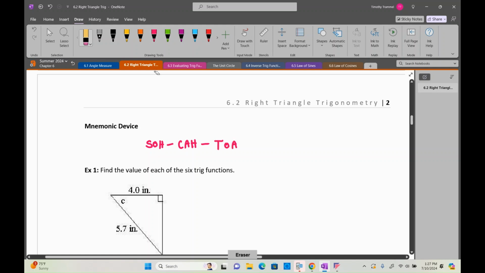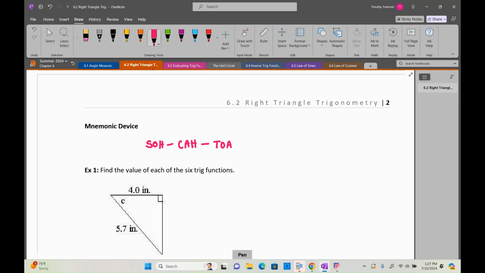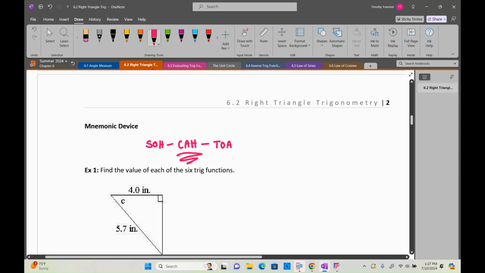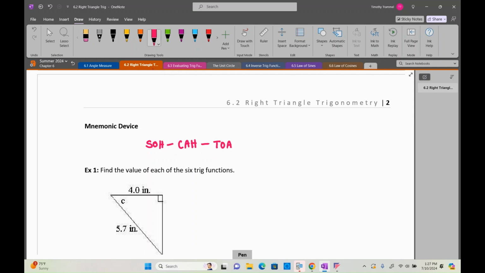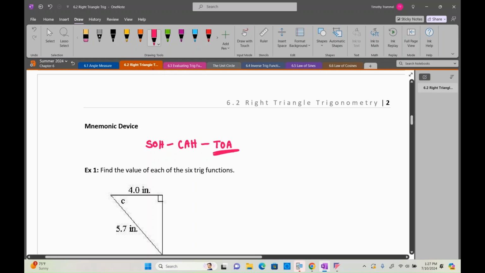Let me try to make this look a little bit neater. What this is telling you is that sine of theta is opposite over hypotenuse. Cosine of theta is the adjacent side over the hypotenuse. And tangent is the opposite side over the adjacent side.